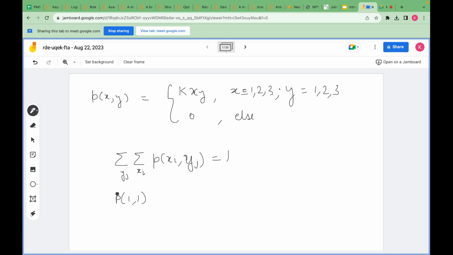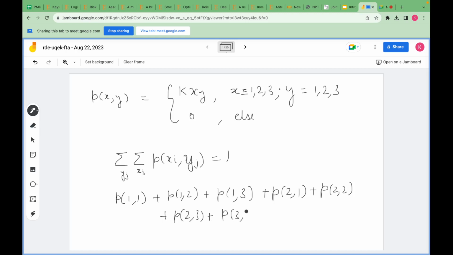The possibilities are p11 plus p12 plus p13 plus p21 plus p22 plus p23 and so on up to p33. The summation of all these possible probabilities is equal to 1.